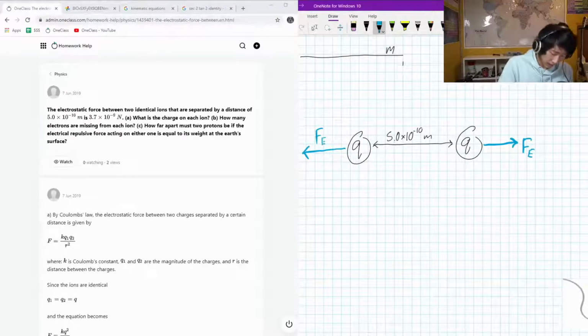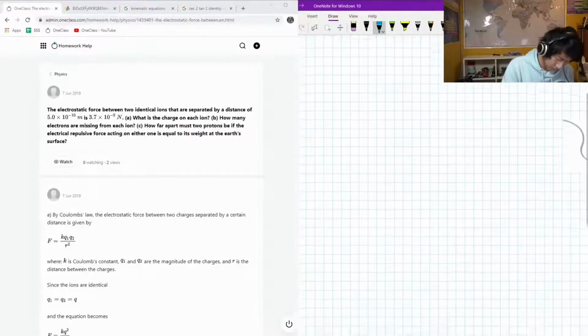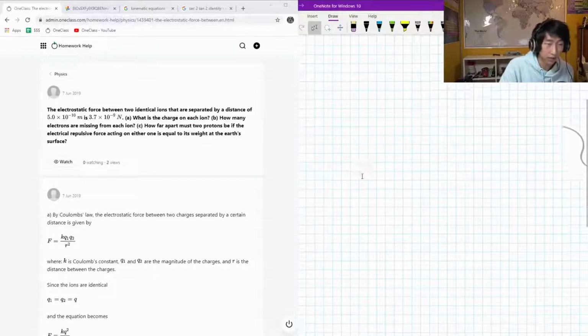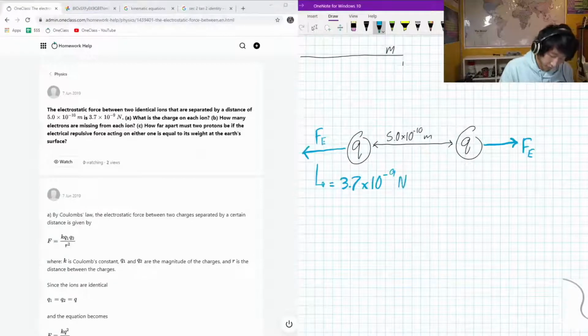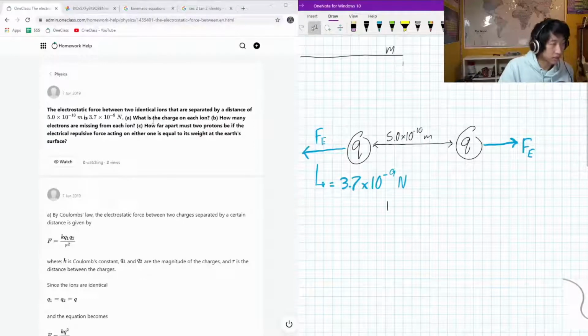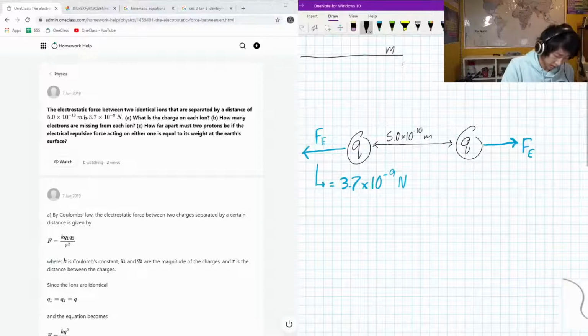Okay, and the force of this is equal to 3.7 times 10 to the negative 9 newtons. Cool. So what we're trying to do is solve for the charge on each ion. And let's get back to my black pen here.